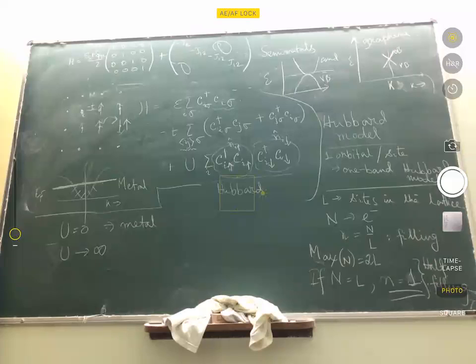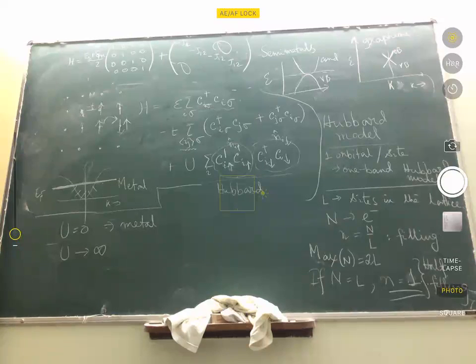And materials for which a naive electron count tells you that they should be metals turn out to be insulators. And not just insulators, but they turn out to be magnetic insulators at low temperatures. And we are trying to understand both. Why do they become insulators? And along with that, why do they become magnetic?